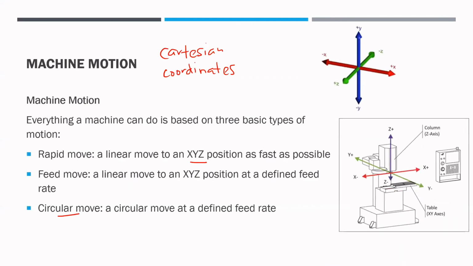And next, F will determine the feed rate for the feed move or circular move, while S will determine the spindle speed. So F determines the feed rate, and S determines the spindle speed.